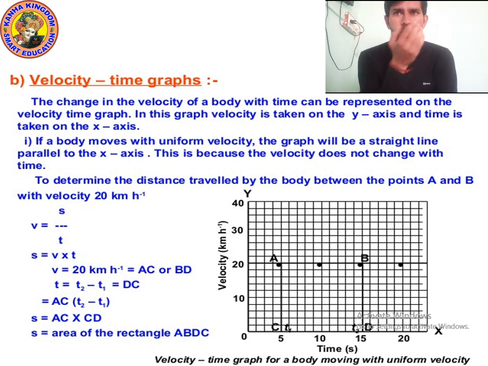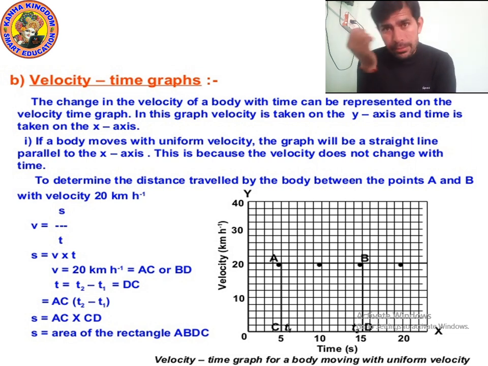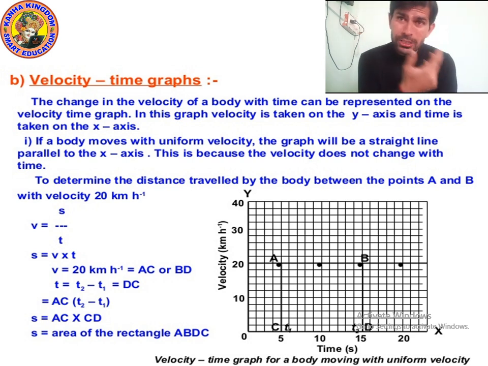As you can see in the picture, suppose after 5 seconds the velocity of a car is 20 kilometer per hour, and after 10 more seconds, means 5 plus 10, 15 seconds, the velocity of the car is still the same, 20 kilometer per hour. Means the speed is constant. Velocity is not changing.